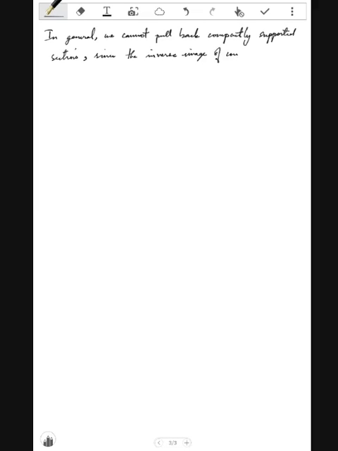so in general we cannot pull back compactly supported sections since the inverse image of compact sets need not be compact.